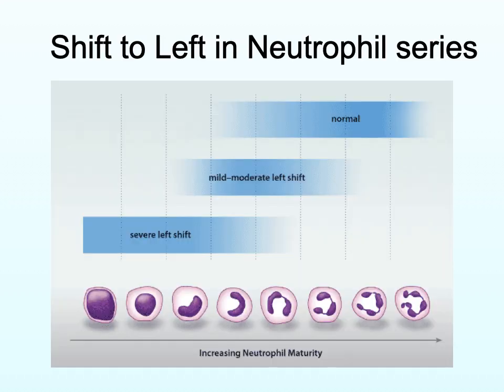Shift to the left, or left shift, is an increase in the number of immature leukocytes in the peripheral blood, particularly the neutrophil band cells. A left shift can be due to release of bone marrow stores. Release of the marrow reserves usually occurs in response to acute inflammation, which is the most common cause of a left shift.